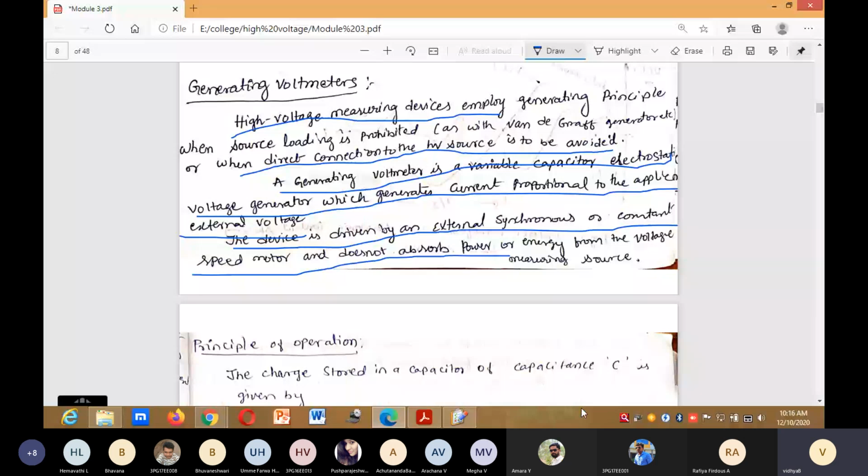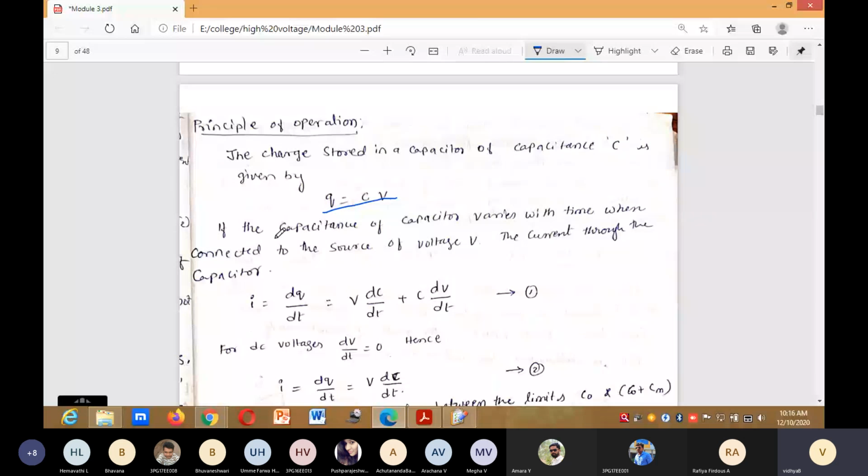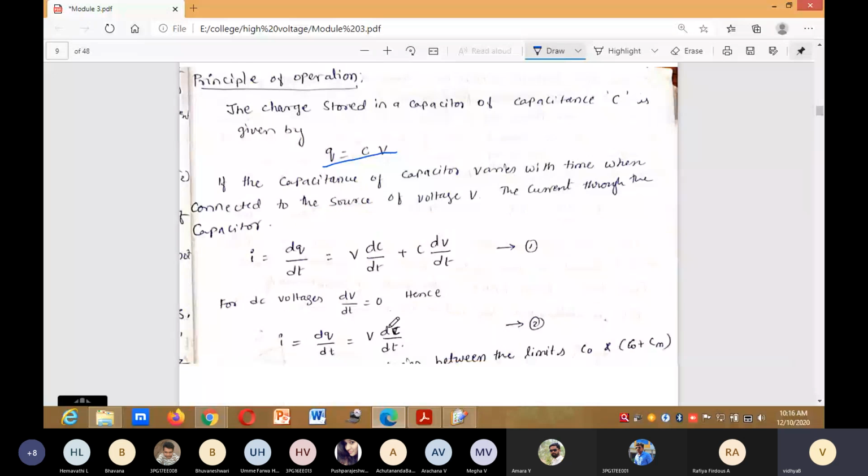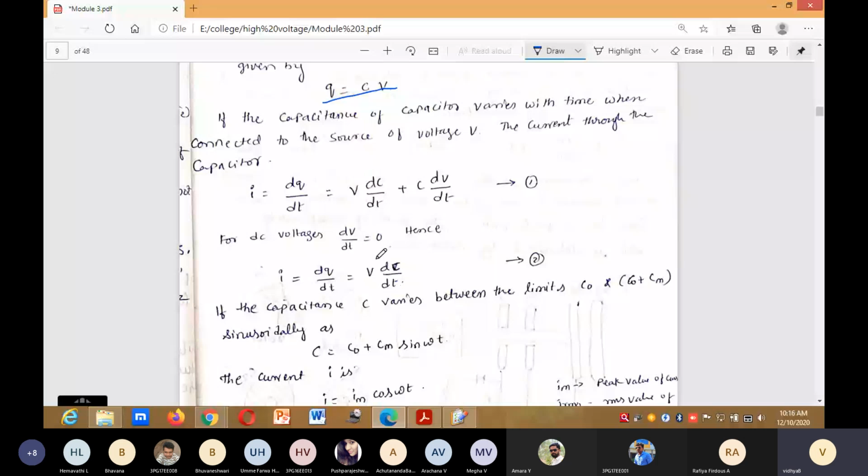Principle of operation: the charge stored in a capacitor of capacitance C is given by Q equals CV. If the capacitance varies with time when connected to a source of voltage V, the current through the capacitor is I equals dq divided by dt, equal to V dC divided by dt plus C dV divided by dt.